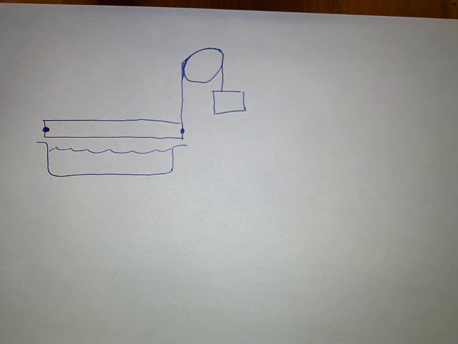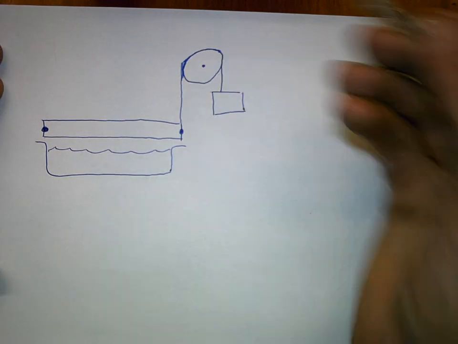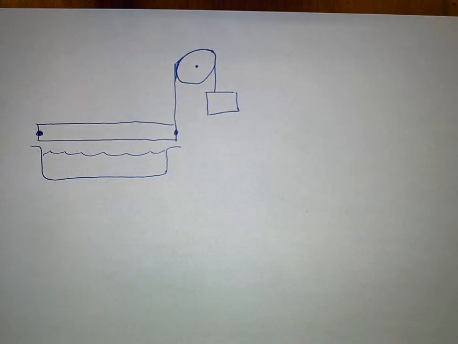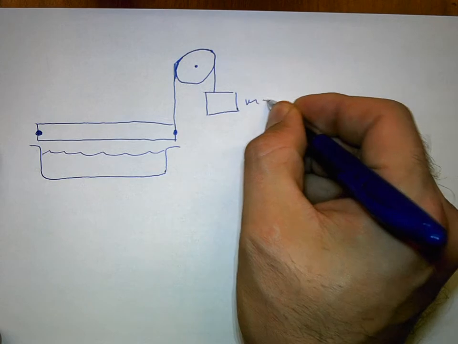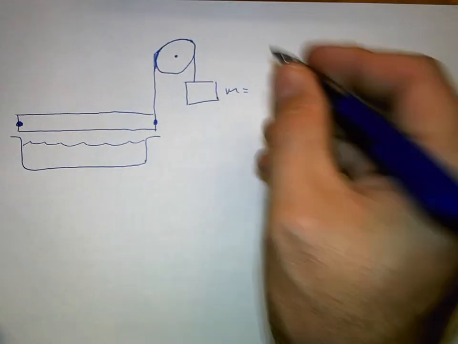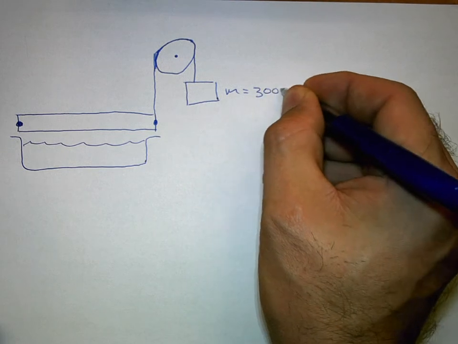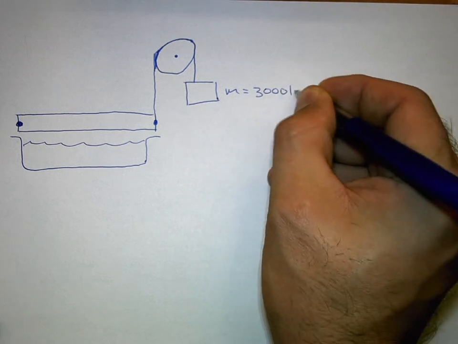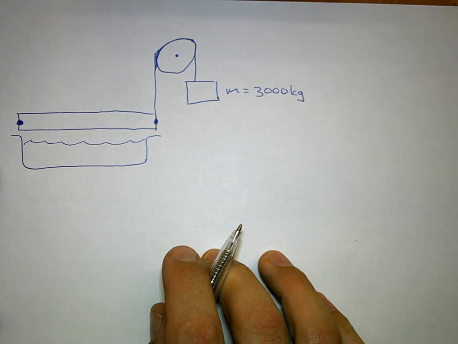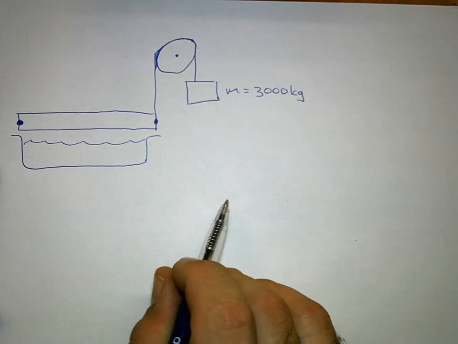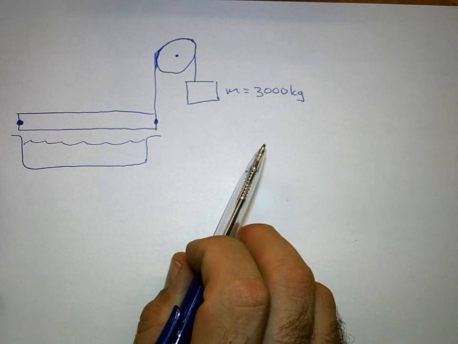Now we have some information. We have that the counterweight has got a mass of 3,000 kilograms, so 3 tons. The cable itself we don't worry about, its mass is negligible.